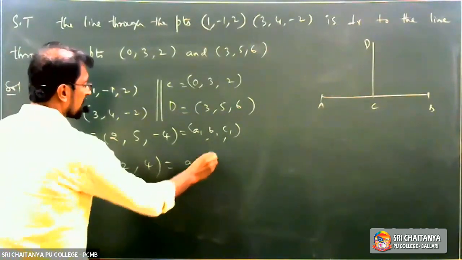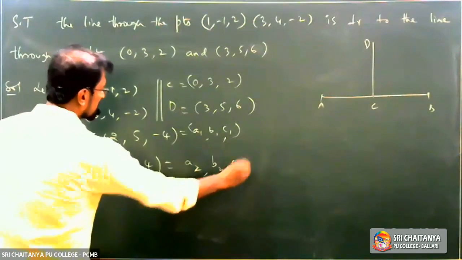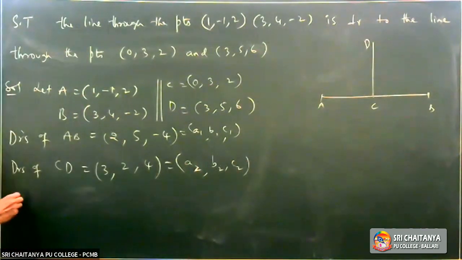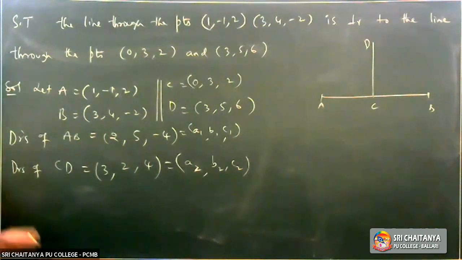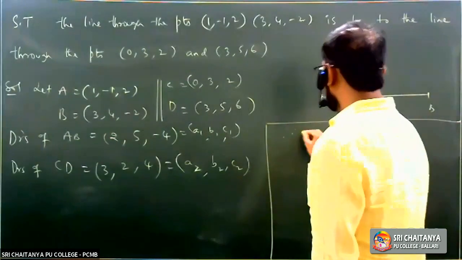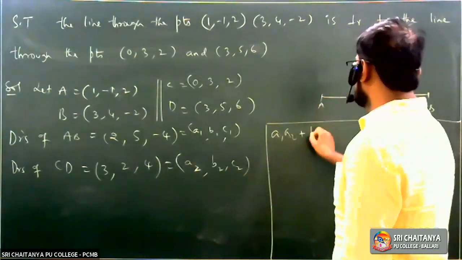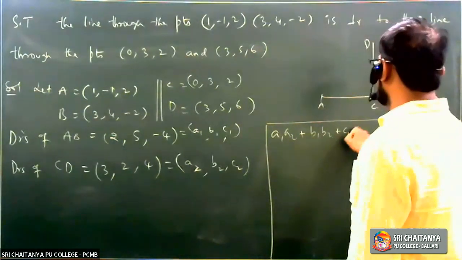You consider this one as a2, b2, c2. Now, you should show that those two are perpendicular to each other. Find the value of a1 a2 plus b1 b2 plus c1 c2.